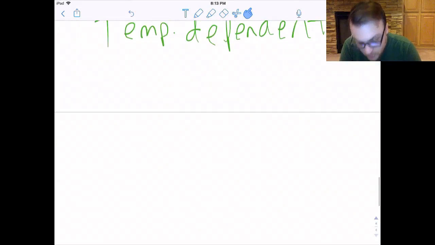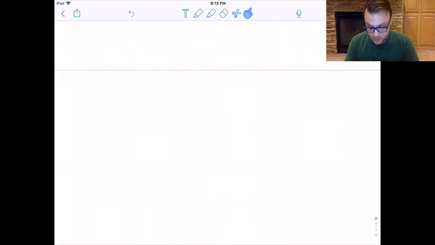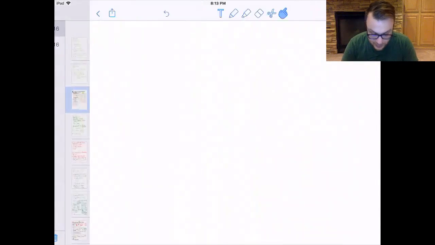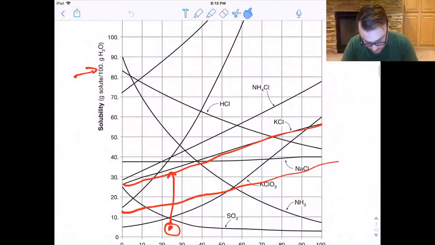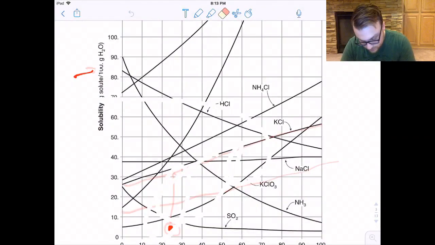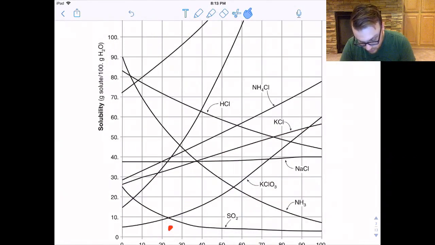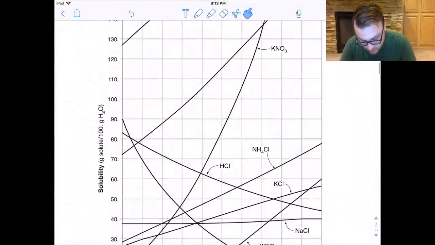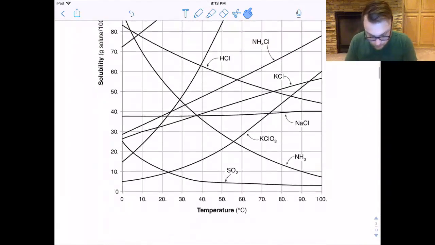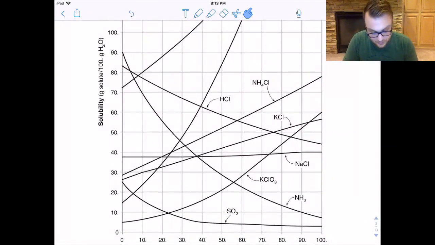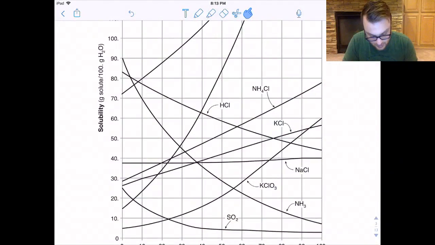A lot of this you can do using table G. Table G are all your solubility curves, and you just have to read these carefully. We'll do just a couple of examples here. Let's take NH4Cl as an example.